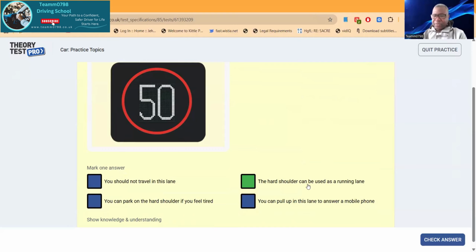Therefore, the hard shoulder can be used as a running lane, but your speed must be 50 or less. Right, so the other answers are not correct. You should not travel in this lane, you can park on the hard shoulder. The correct answer is what we've selected.